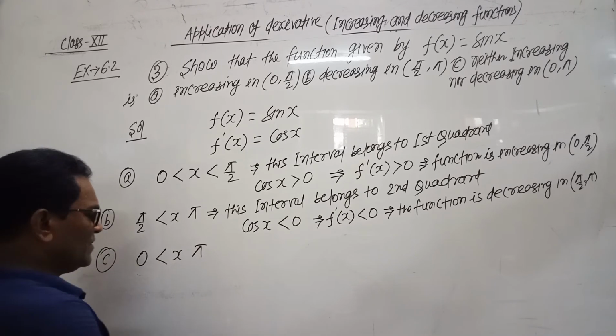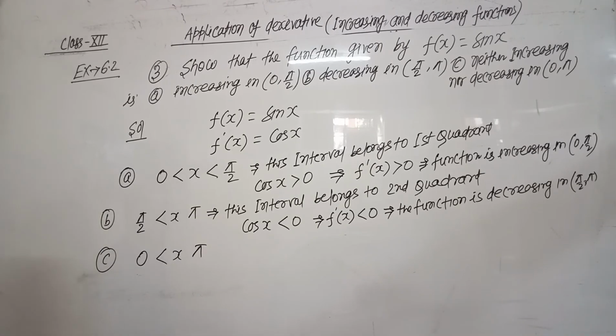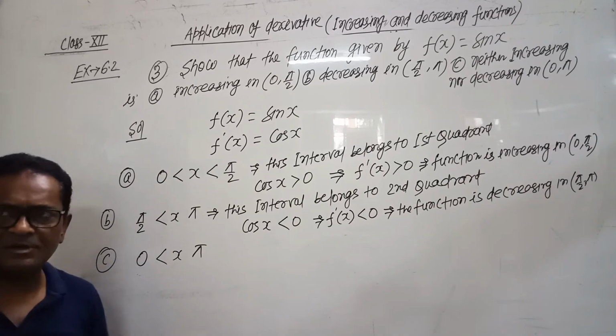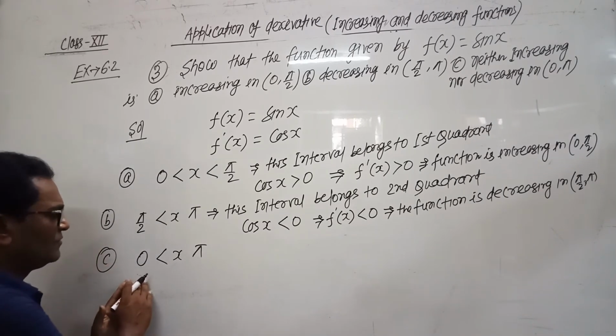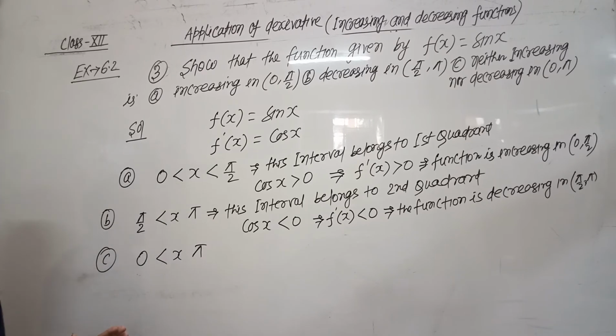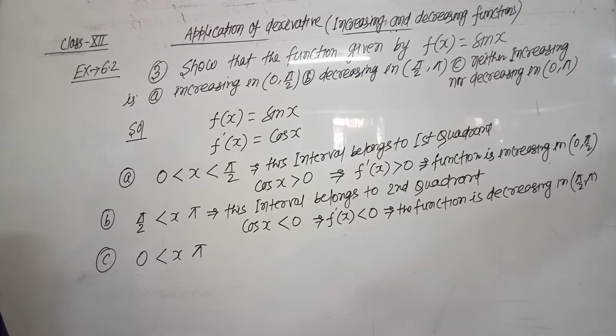And we know that in the first quadrant cos x is greater than 0. In the second quadrant cos x is less than 0. So overall from 0 to pi, it is neither increasing nor decreasing.